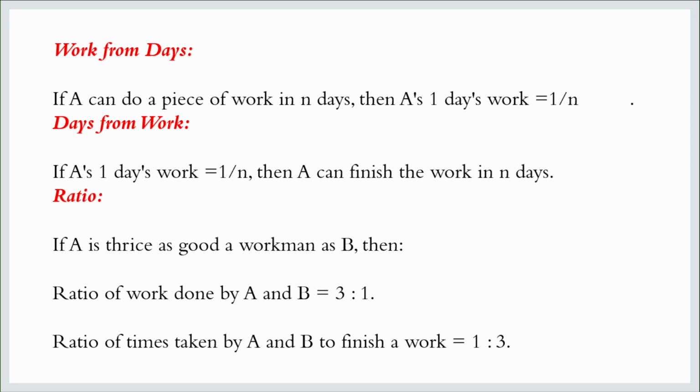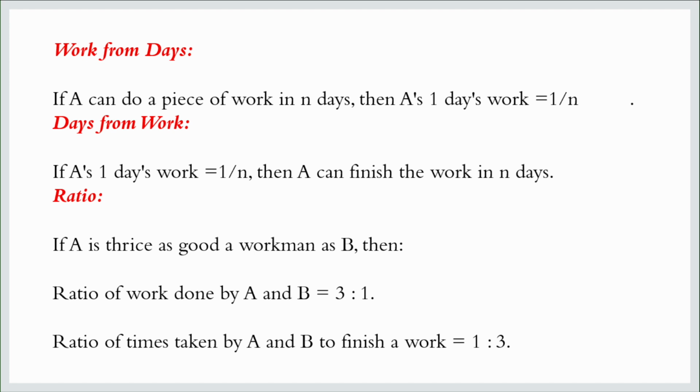One more important thing is work done and time taken, very important. As the time taken increases, work done also increases and the remaining work decreases. If the ratio of work done is 3:1, then the ratio of time taken is in inverse proportion, which means it is 1:3.